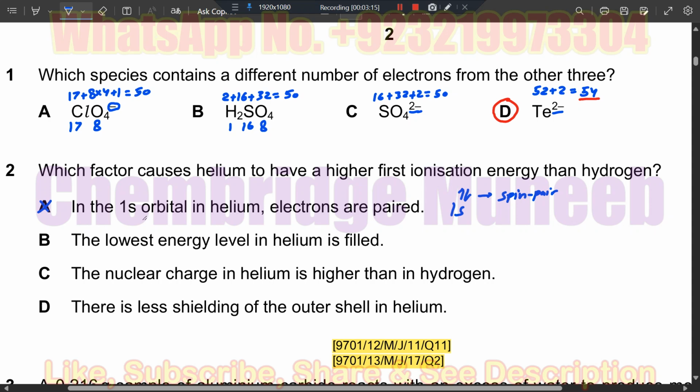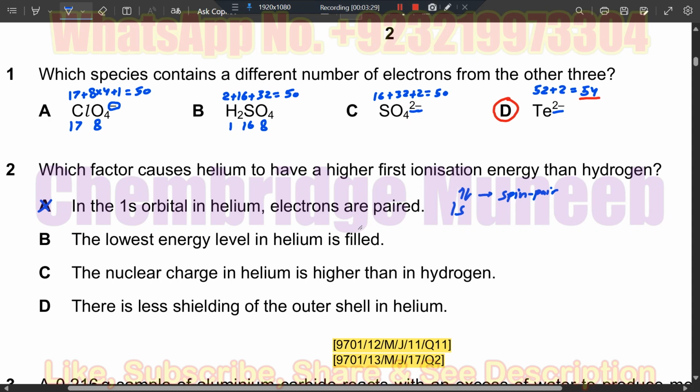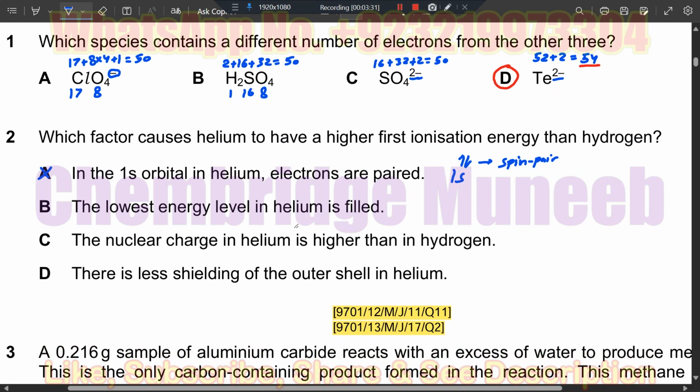Option B says the lowest energy subshell in helium is filled. So yeah, the lowest energy is filled, but that doesn't account for the higher ionization energy as compared to hydrogen. On the other hand, C: the nuclear charge in helium is higher than in hydrogen. Yes, there are 2 protons in helium and there is 1 proton in hydrogen.